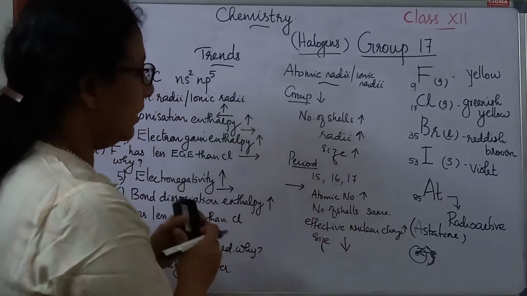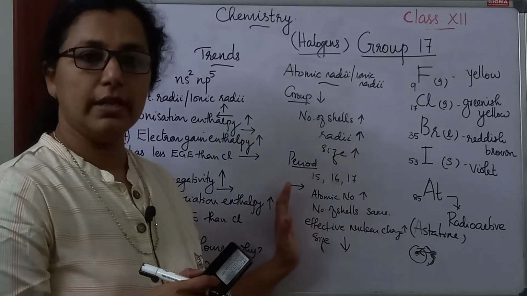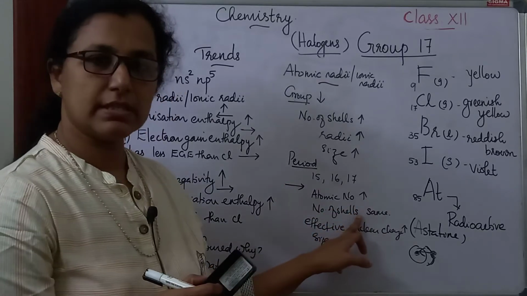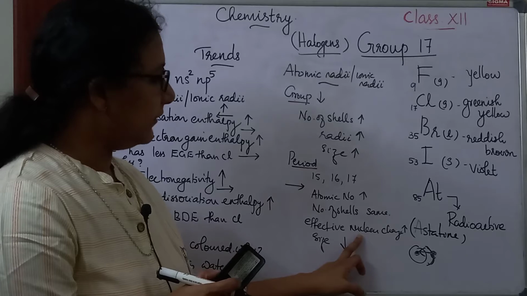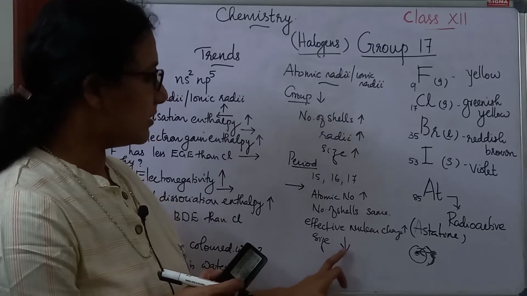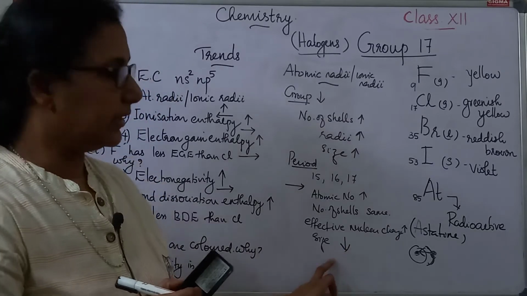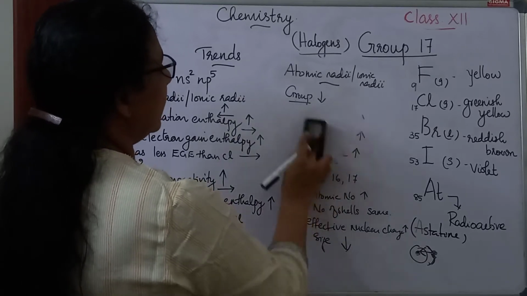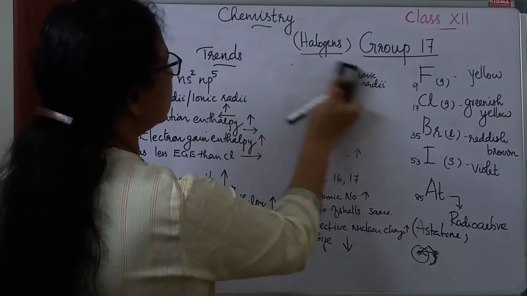So when moving from left to right in a period, the atomic number increases, the number of shells remains the same, the effective nuclear charge increases, so the size decreases. This is about the atomic radii or ionic radii.